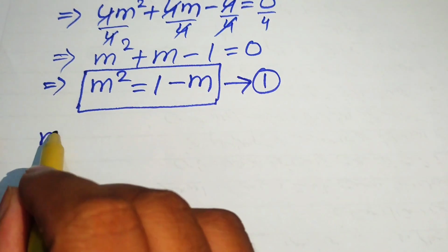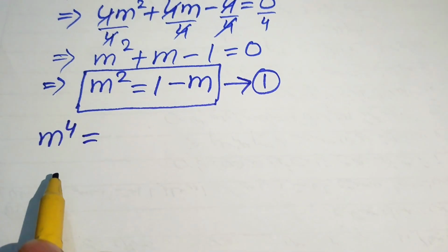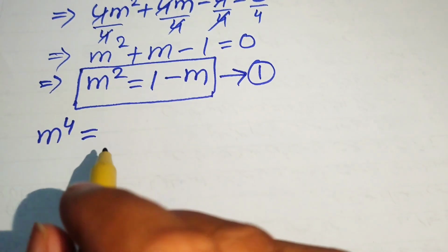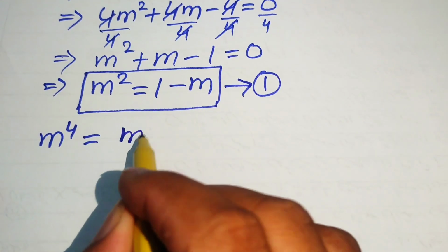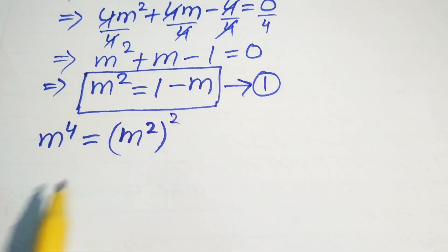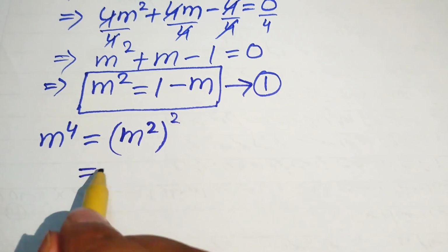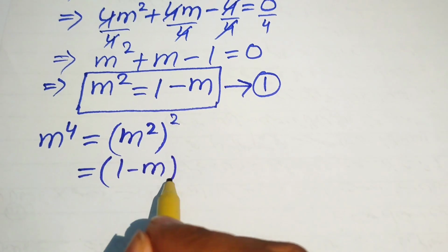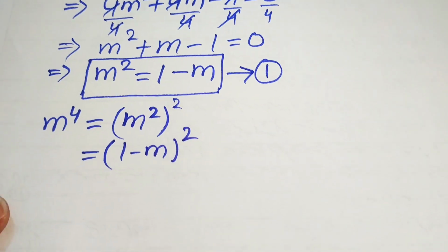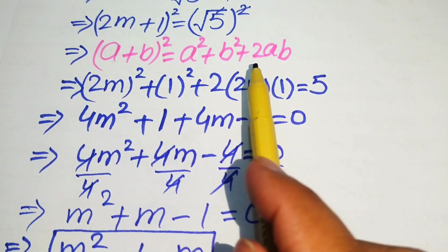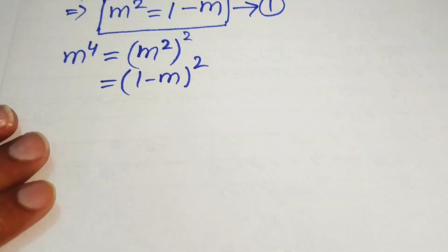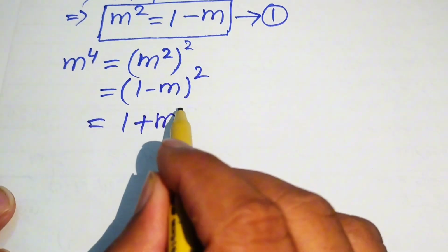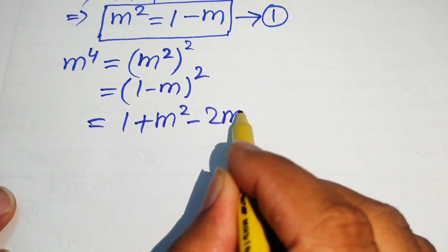So now we move towards our target. Here we write m to the power of 4, and you know that m to the power of 4 equals (m square) whole square. Here the value of m square is 1 minus m. We substitute it here, so it becomes (1 minus m) whole square. Now we again use this square identity, and we write its output in this form: 1 plus m square minus 2m.